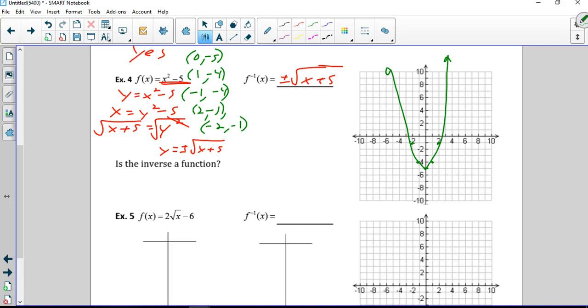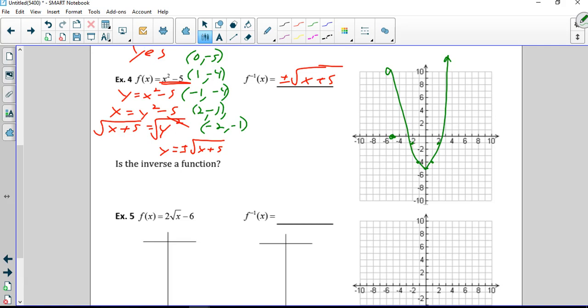Now we're going to switch them. So -5, 0. Sorry, -4, 1.